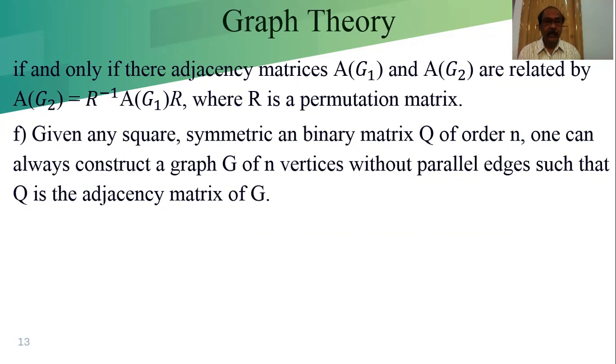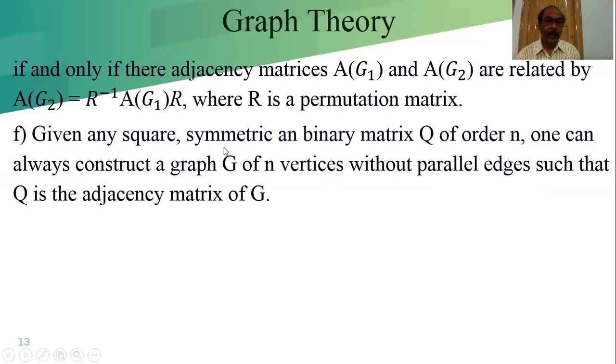After the permutation of one or both, if ultimately we get the same adjacency matrix, then we can say that the two graphs are isomorphic.